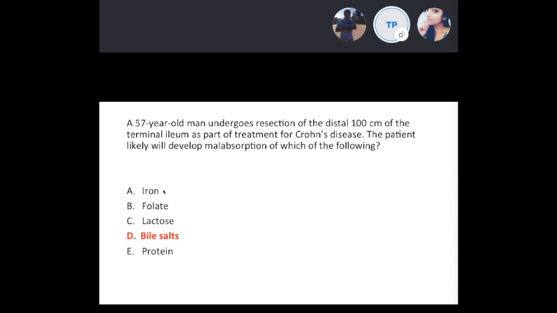And then protein. I think protein is more so breakdown, not being reabsorbed. Yeah, it's in First Aid. So by a process of elimination, bile salts would be the best answer here.